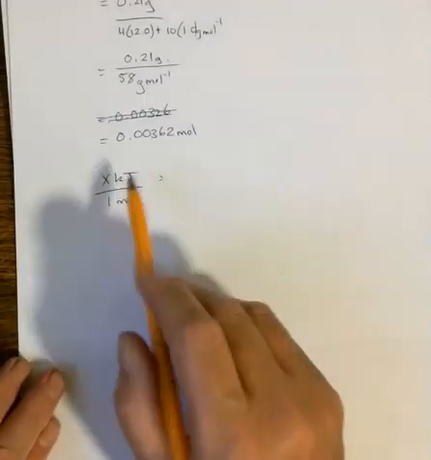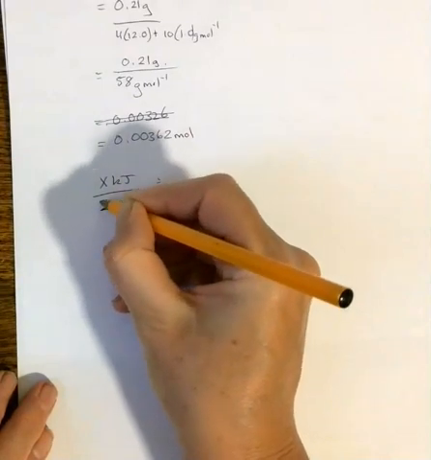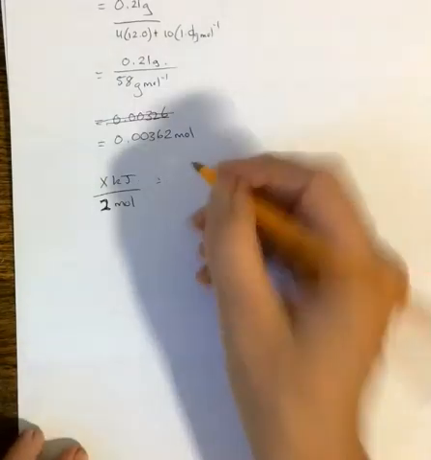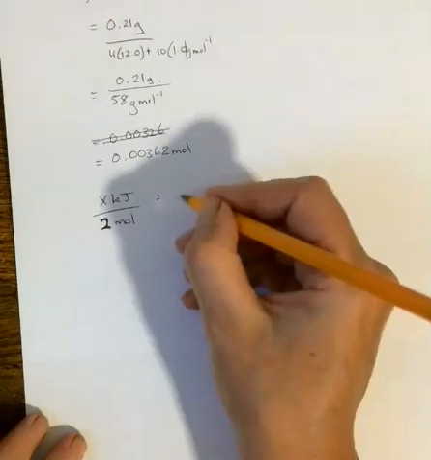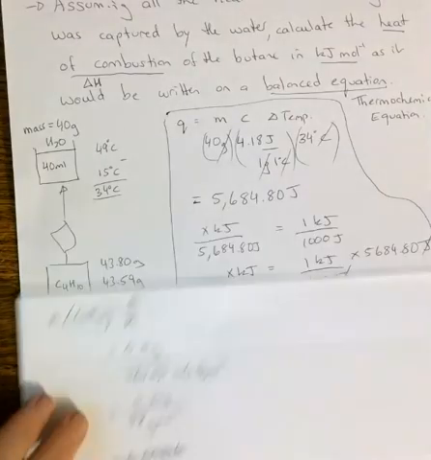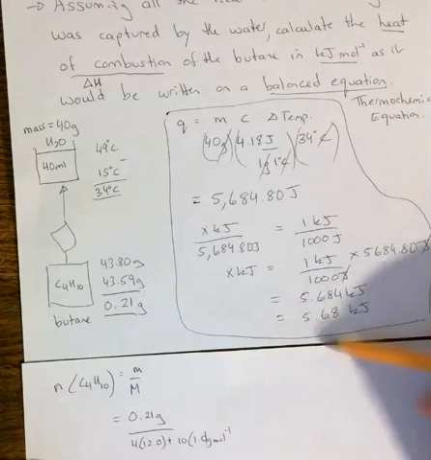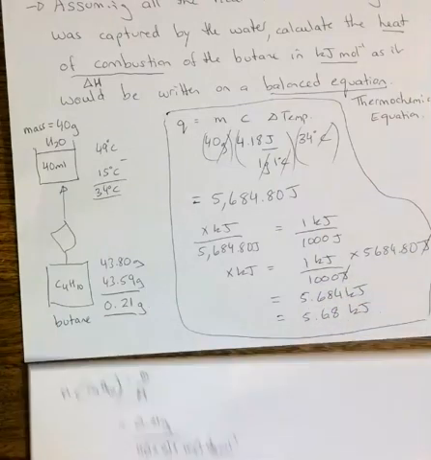Alright, so when we set up our ratio, what we want is to know the number of kilojoules for 2 moles, because we're putting on our thermochemical equation, and we have worked out that we get 5.68 kilojoules. When you're doing calculations, you can keep all the numbers and then cut it down at the end. So you write your 3 significant figures, but keep all the numbers in the calculator.